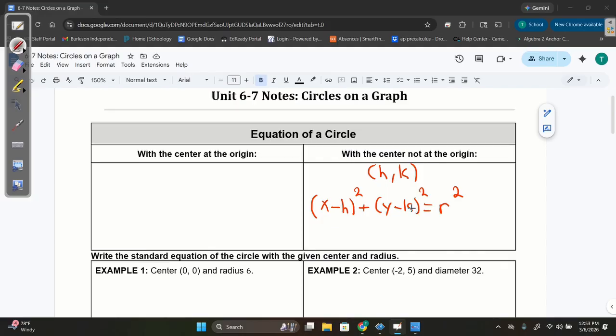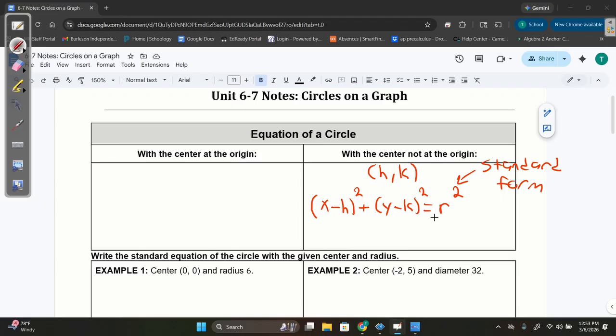Again, h and k are the x value and y value of the center. r is the radius. Now this is what we call standard form.